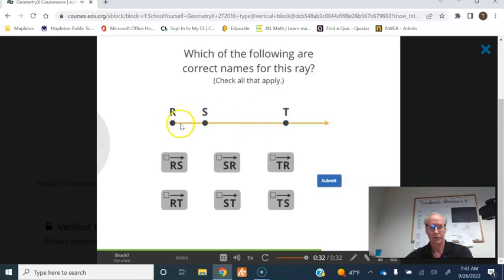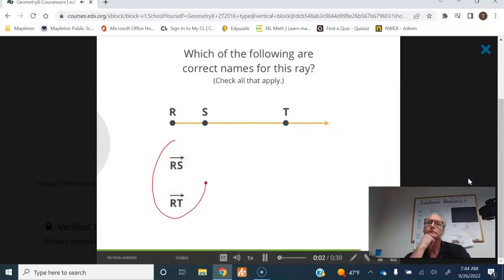So we want to go through either R, because if we start at S, it's not going to include R, and so this ray is the whole thing. So it has to start at R and go through S and beyond. That's okay. And it can go through from R through T and beyond. If I use this one, it would just start at S and it wouldn't work. And of course, T is the wrong direction.